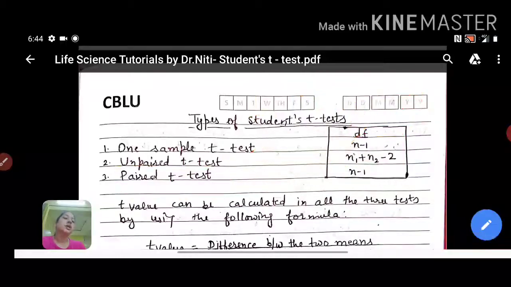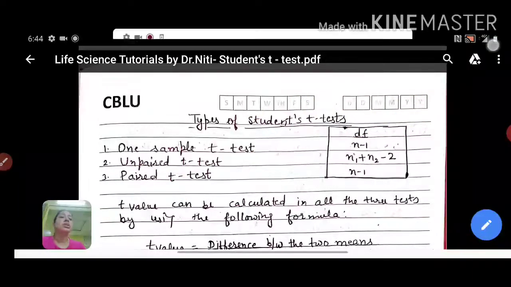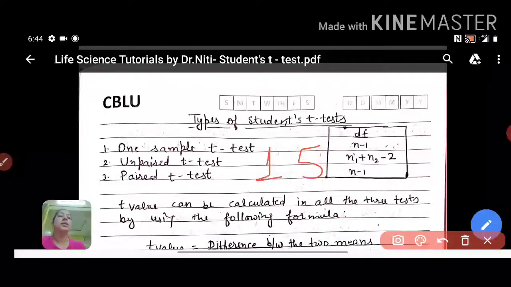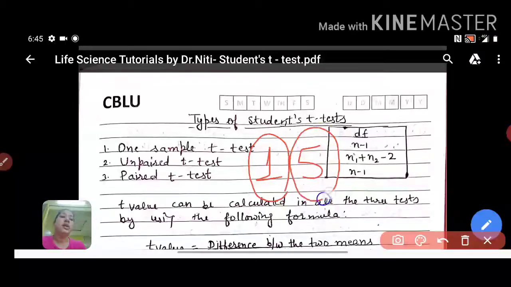Let us take one more example of this. Suppose a teacher took a test of students in a class. This is test 1, and after some days he has taken test 2, test 3, test 5, and now you have to compare the marks of test 1 with test 5.